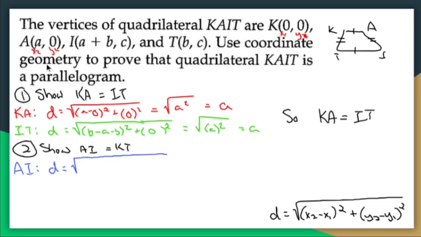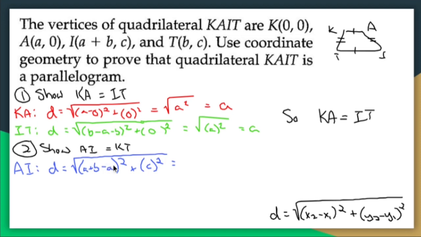AI. Let's get rid of all this mess up here. I'm looking at AI, so let's let one point be the ones and the other be the twos. So x sub 2 is a plus b minus x sub 1, which is a, squared, plus c minus 0, which is just c squared.